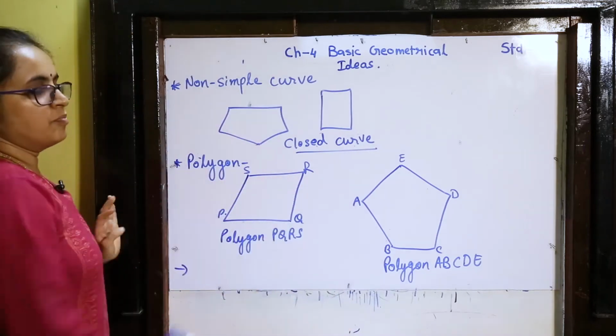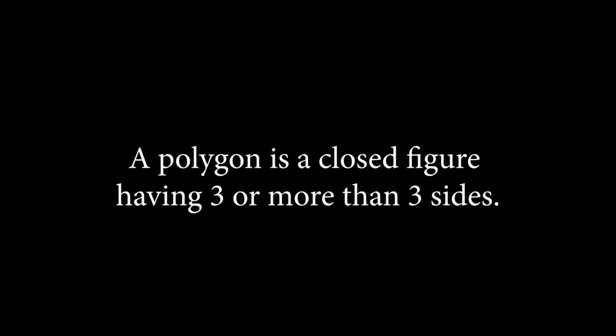Okay, so both are called polygon. Polygon is any figure having 3 or more than 3 sides.